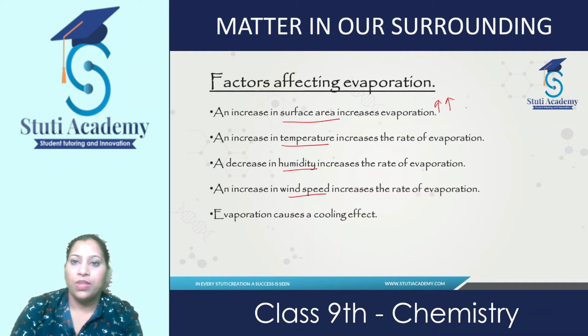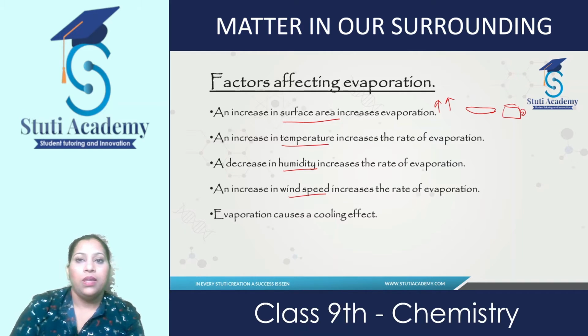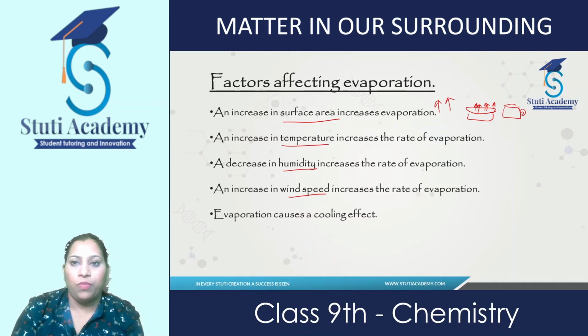For example, if we take tea in a saucer or in a cup, it is easy for us to sip that hot tea from the saucer in comparison with the cup due to the more surface area. More surface area results in more evaporation. The particles of liquid start evaporating, gain more energy and convert into vapor form, which results in a cooling effect.